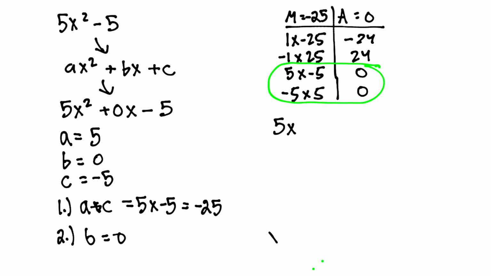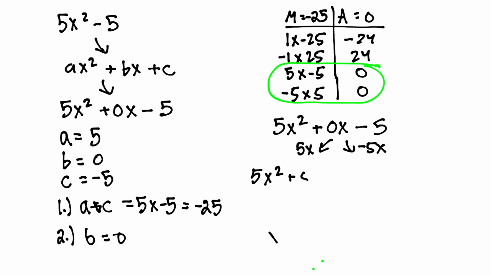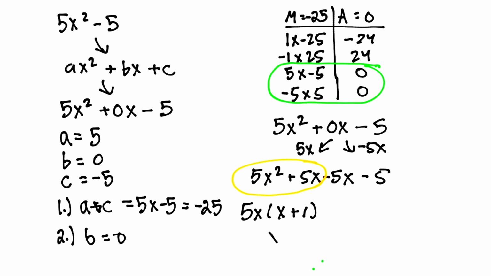So let's take our original quadratic, and of course we can just write the 0x as a placeholder, and we're going to split this into 5x and -5x. What we'll get is 5x squared plus 5x minus 5x minus 5. And now from the first two terms, we can pull out a 5x. What we're left with is x plus 1.